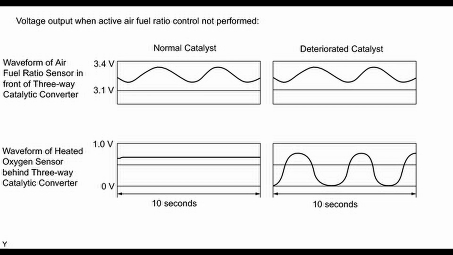And what you don't want to see is both of the sensors reading the same on the graph, both going up and down in a swirly line. You don't want to see that. That's how you would know that the catalytic converter has failed.